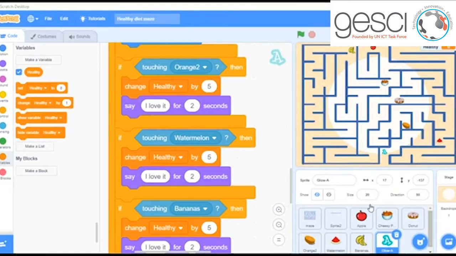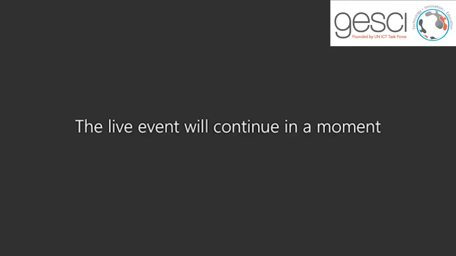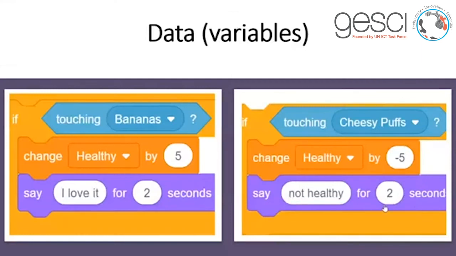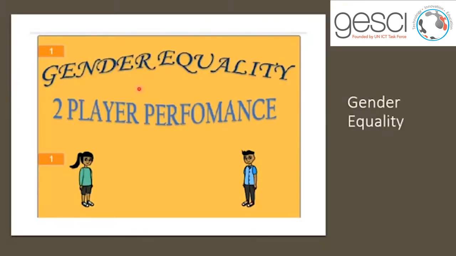So I'm going to go back to today's and add another game so that you're able to relate with what we've been talking about on the concepts of games. In this new game, the storyline behind it is about gender equality.